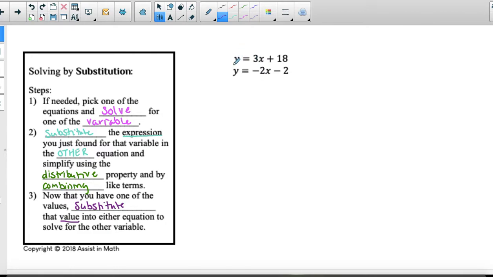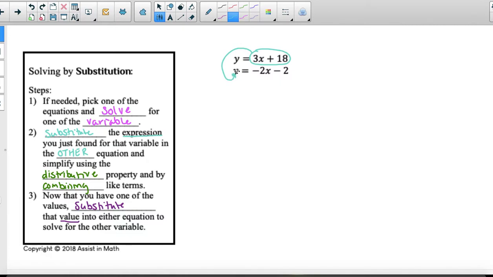What this means is that since this variable is solved for, we're going to take the entire expression, not the letter y, but the expression. This expression is equal to that y. So we're going to substitute this expression into the other y, because it was y equals. This y and this y will be the same thing. So we can take this 3x plus 18 and substitute it for the other y.